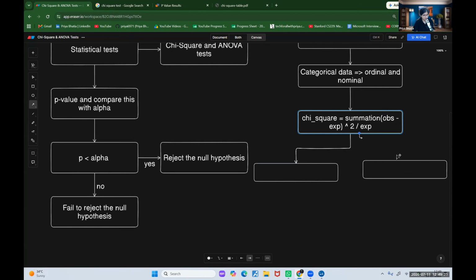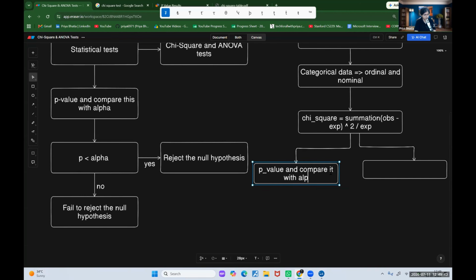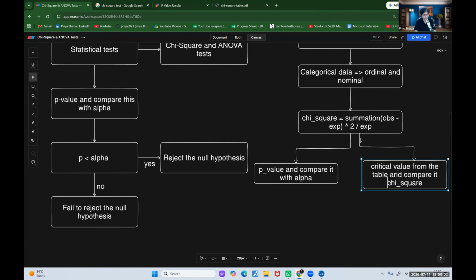Either you can evaluate the p value and compare it with alpha, or whatever chi-square value you get, you evaluate the critical value from the table and directly compare it with the chi-square value.